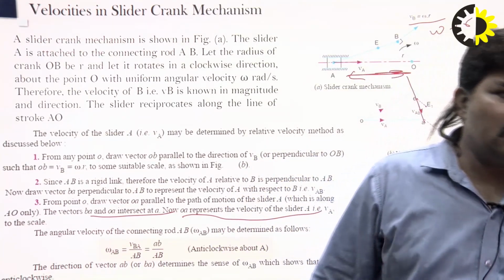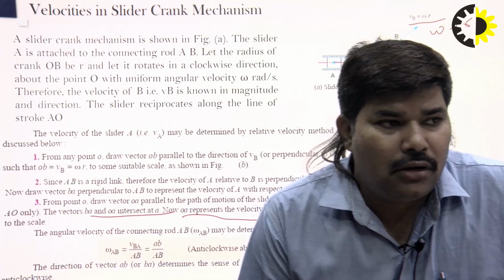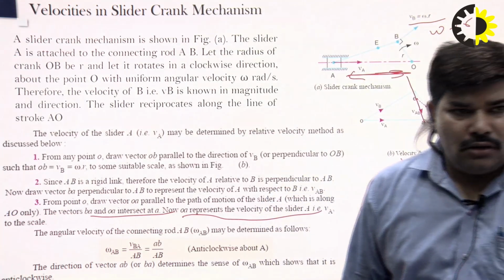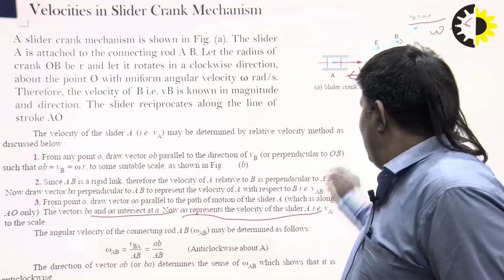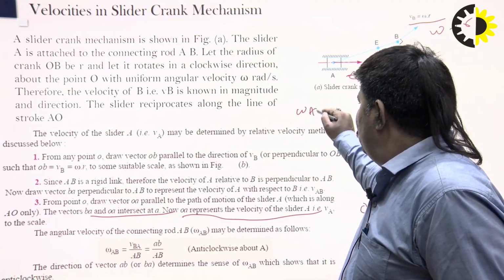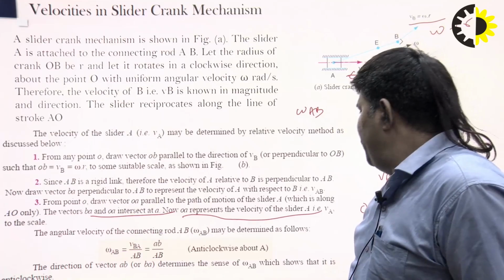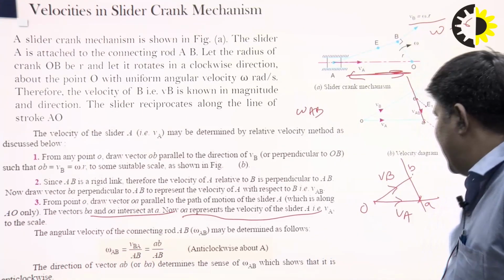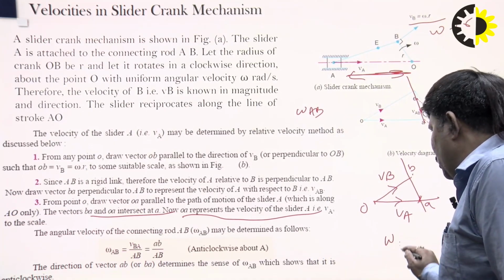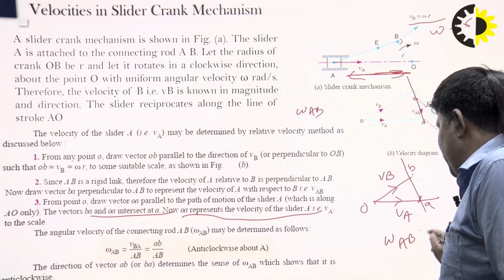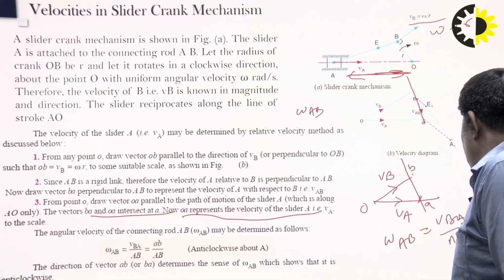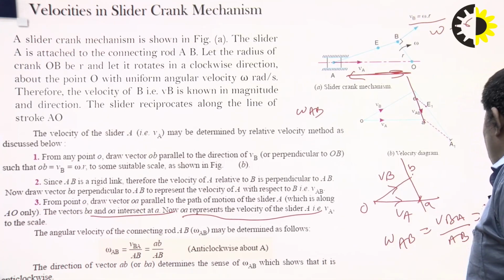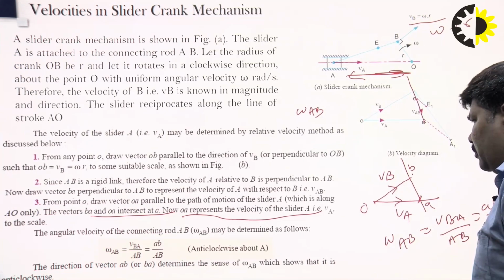And the angular velocity of the connecting rod AB, omega AB, may be determined with the following equation, that is omega AB equal to VBA upon AB.